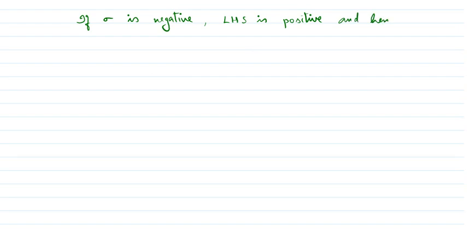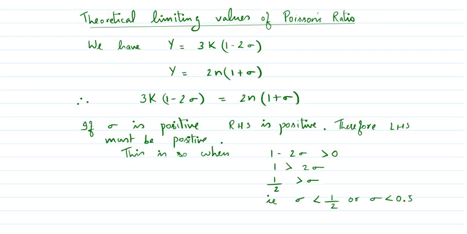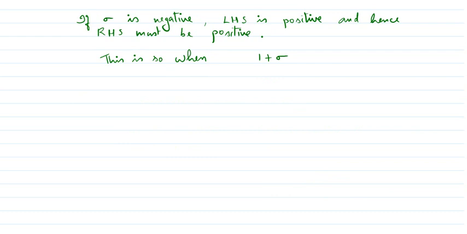This happens only when 1 plus sigma, the term on the right hand side, is greater than 0. That means sigma is greater than minus 1.